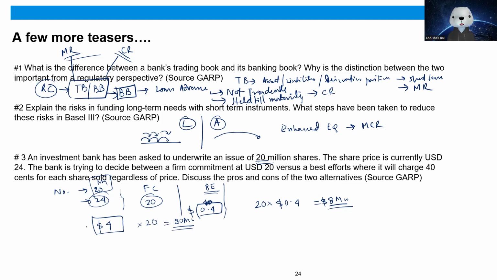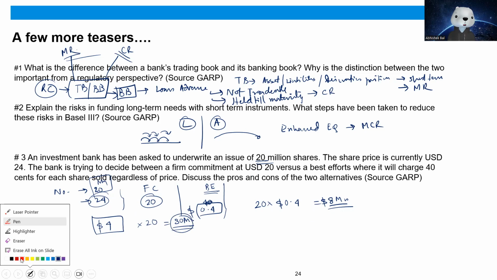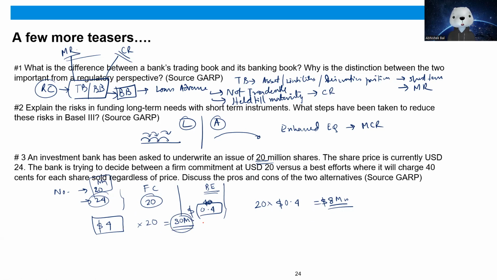So thereby pocketing this $4 per share on 20 million shares, it's going to pocket $80 million, right? So if you compare this 8 million to 80 million, it may seem that this is a much better proposition. But hey, this is where the catch is also, that this 80 million is subject to the share being fully or maybe oversubscribed.